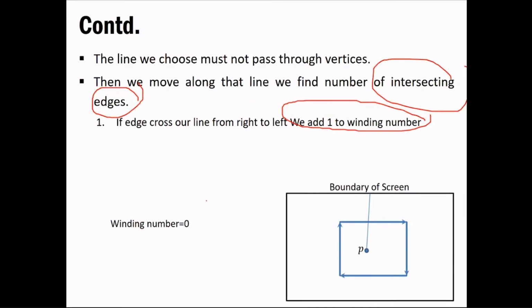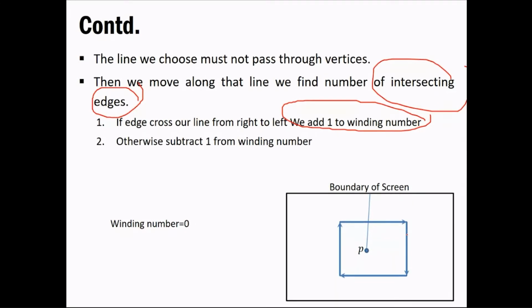The winding number is nothing but a counter, which we have initialized with 0. But in our scenario over here we have one line that goes left to right. So if this is the case, otherwise subtract 1 from the winding number.